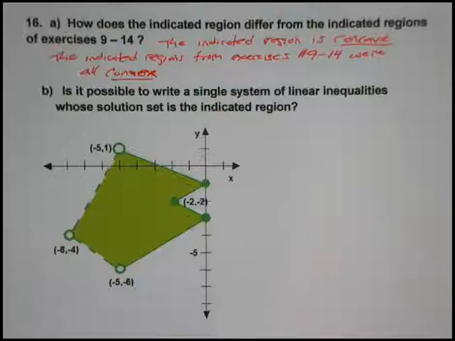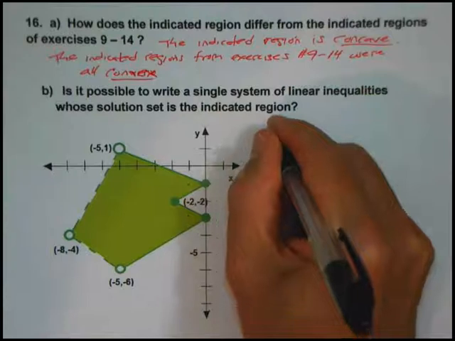Part B. Is it possible to write a single system of linear inequalities whose solution set is the indicated region? No. A system of linear inequalities always has a convex region, or an empty set.